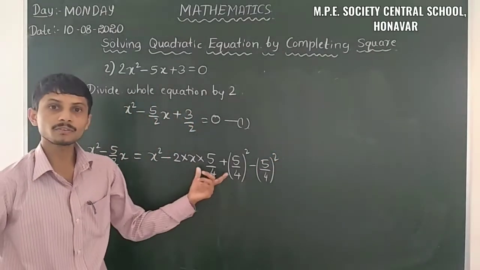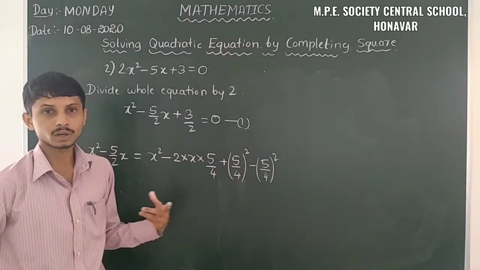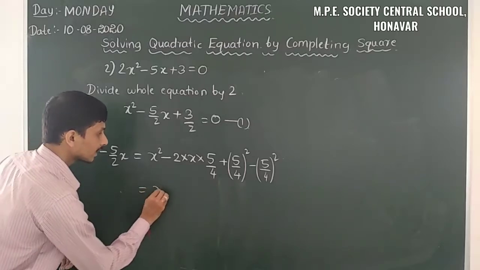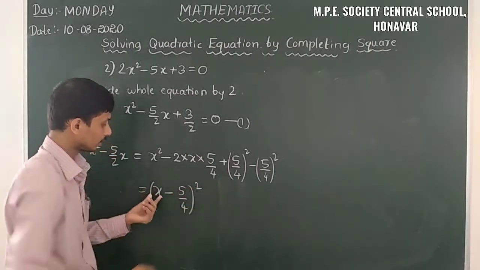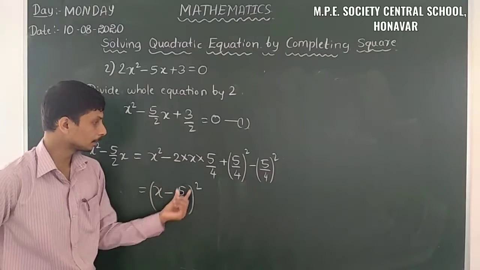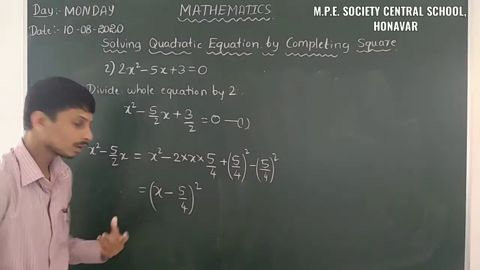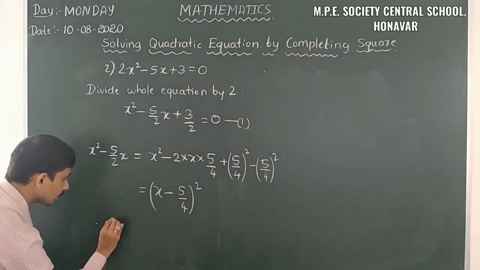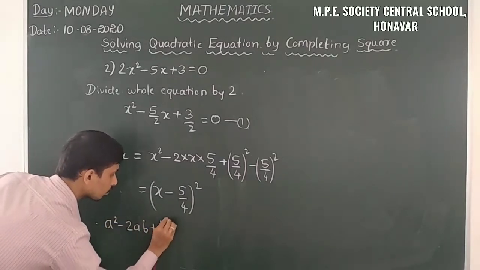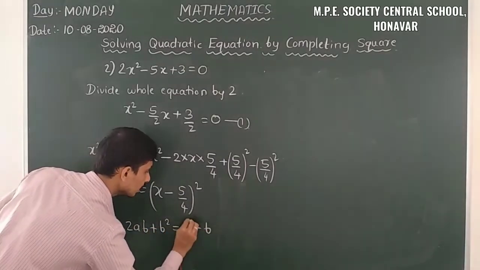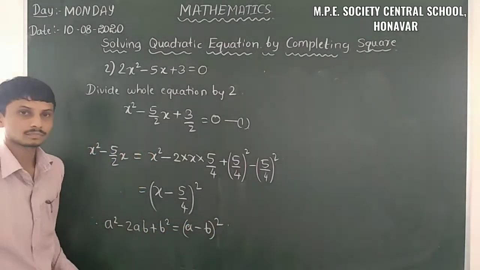So it's in the form of a minus b whole square. So I will write x minus 5 by 4 whole square, because the value of a is x here and the value of b is 5 by 4. How did we get that? With the formula a square minus 2ab plus b square is equal to a minus b whole square.